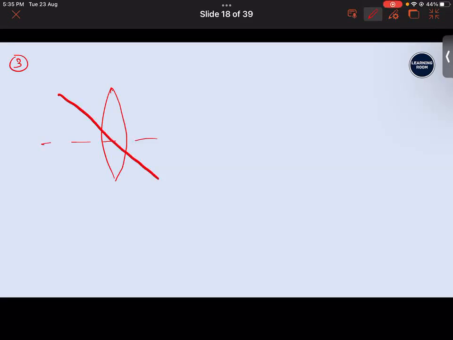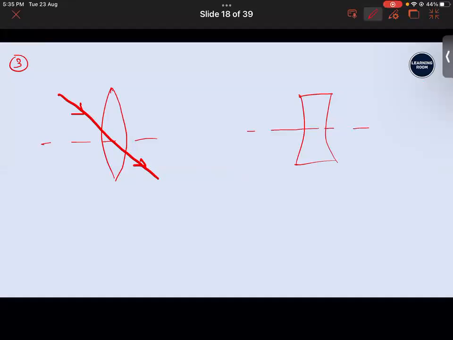The ray through the optical center travels undeviated. Clear? So when a ray passes through the optical center, it travels undeviated.